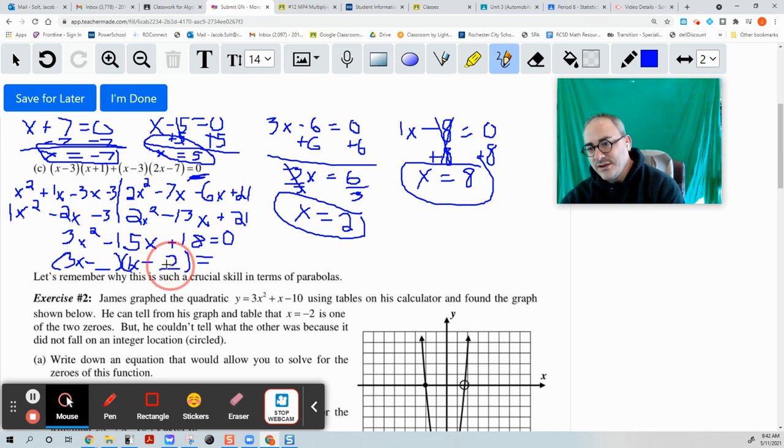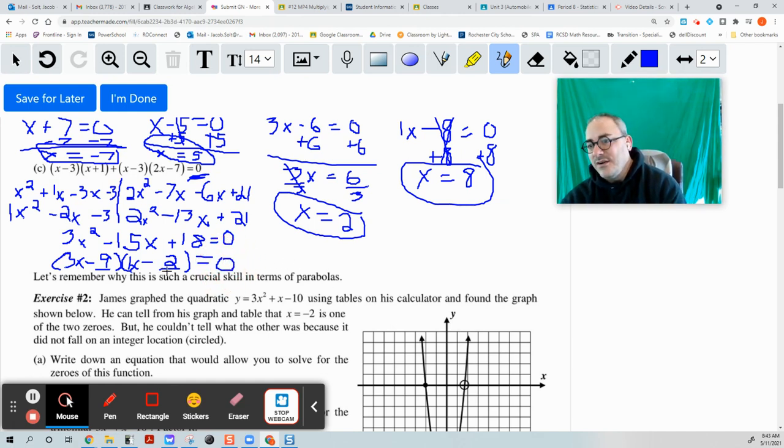If I put a 2 here and I put a 9 here, I'll get negative 9x, and that's supposed to be a 1x there. And then negative 6x. And negative 6x plus negative 9x would give me negative 15x. So that is my winner.